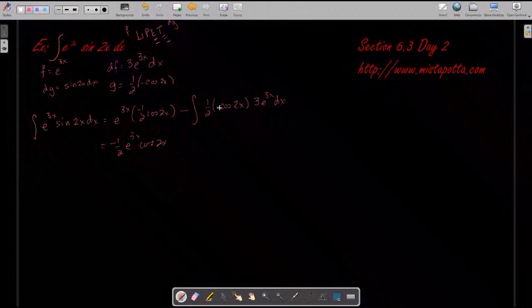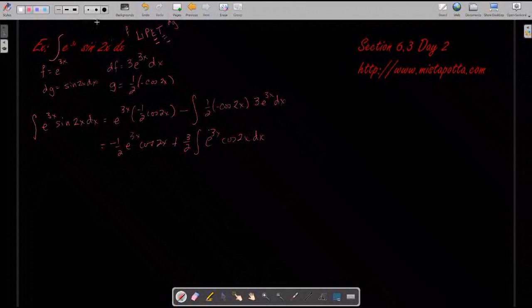Negative times negative is positive. I've got 1/2 times 3, so this is going to be 3/2 times the integral of e to the 3x cosine 2x dx.